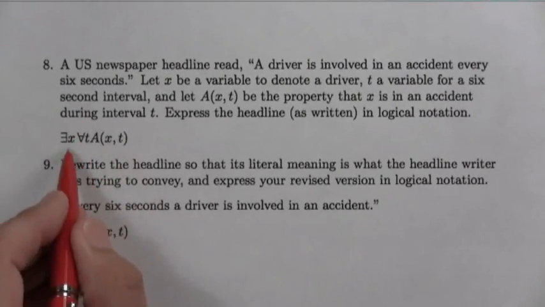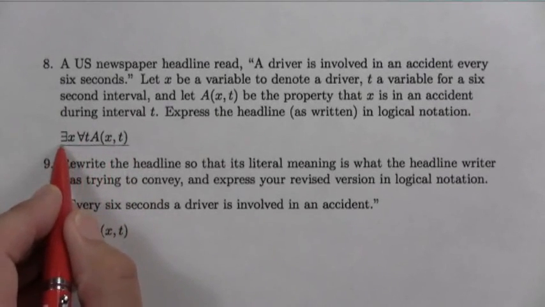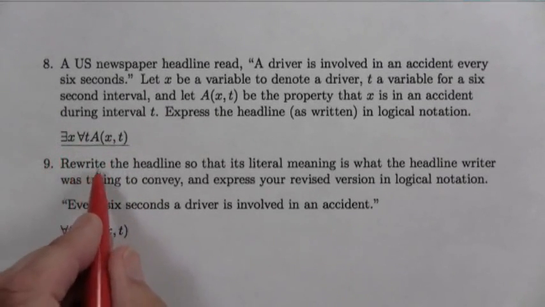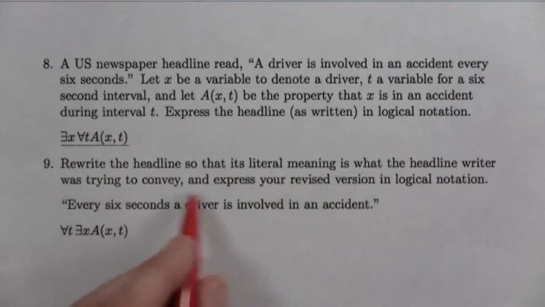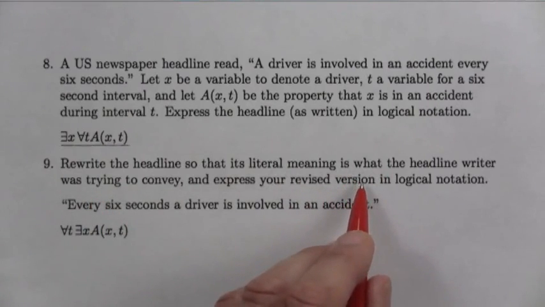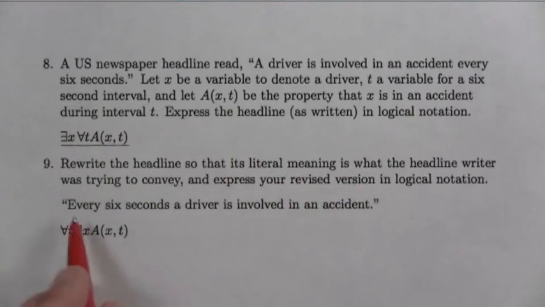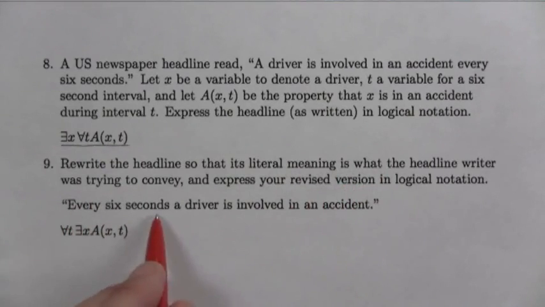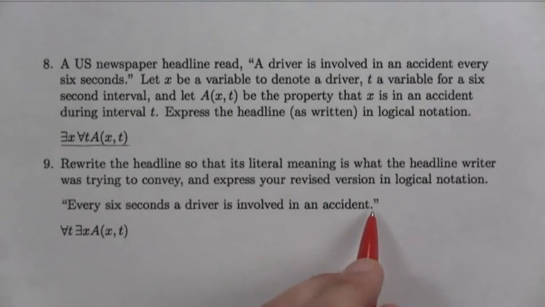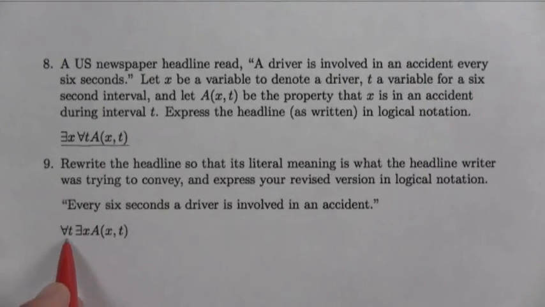Okay, so that's a literal interpretation. Then we're going to rewrite it so that the English expression really captures it in a literal way. And then we would say every 6 seconds a driver is involved in an accident. And in that case, we're saying for every 6-second interval, there is a driver involved in an accident.